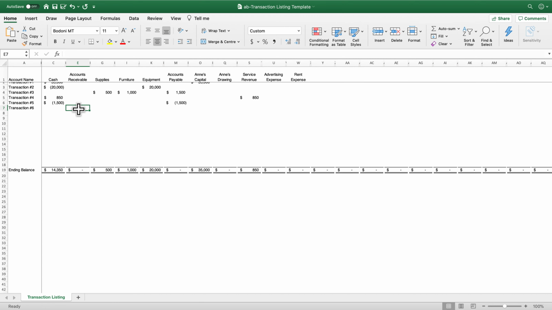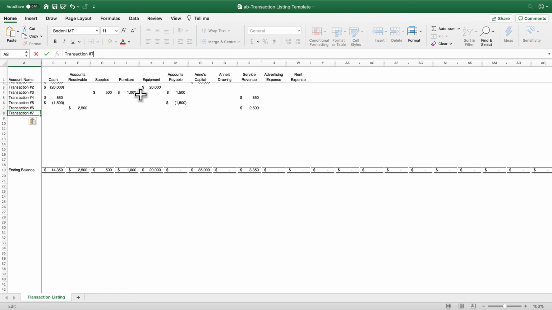So Anne is owed $2,500 because someone committed to paying Anne $2,500 for service revenue but did not pay cash. They are putting that on accounts receivable. So $2,500 is put under service revenue, and $2,500 is put under accounts receivable because that is owed to Anne's organization.